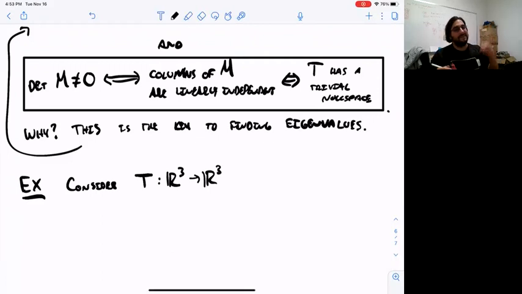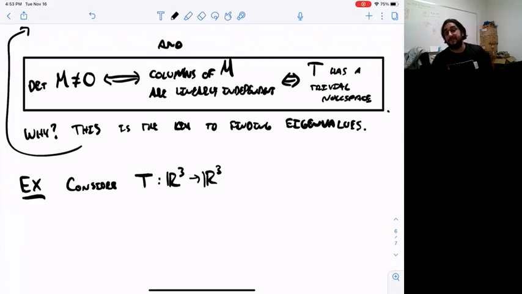So now it's ambiguous. It could be a trivial null space or maybe not. Before we had to have a nice big positive dimension to our null space because we were mapping 3 space to 2 space, so it had to send a bunch of stuff to 0. Here, we're sending 3 space to 3 space.